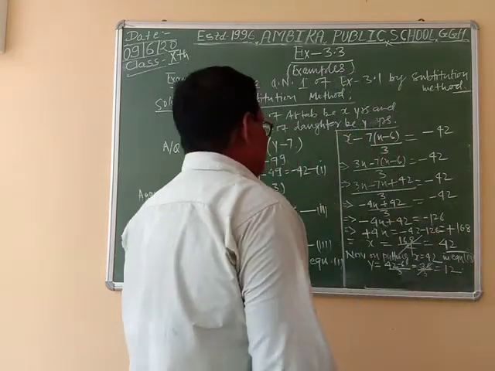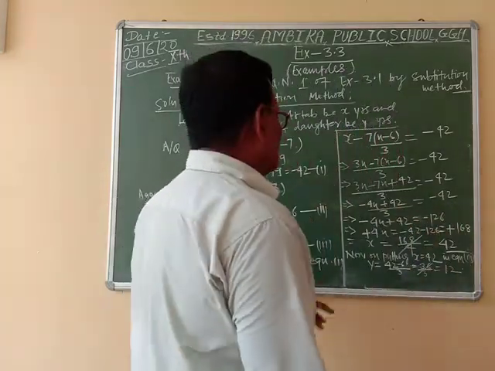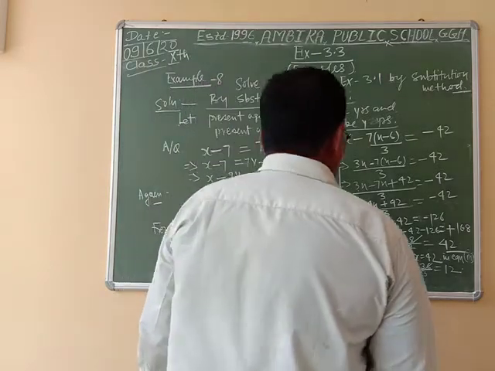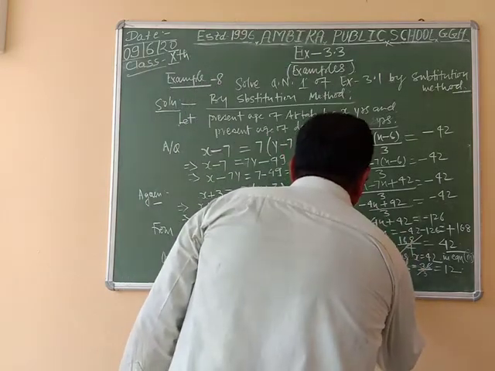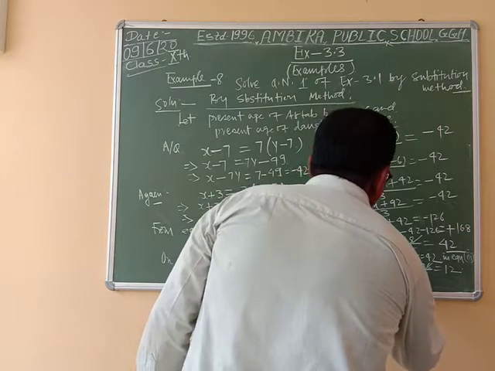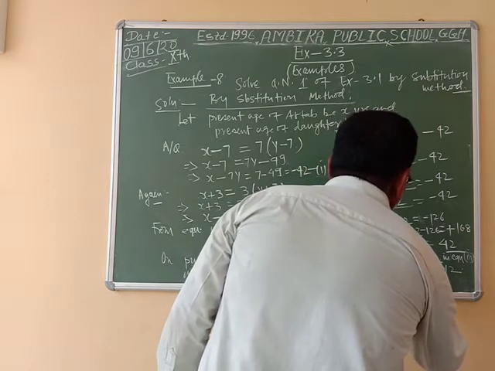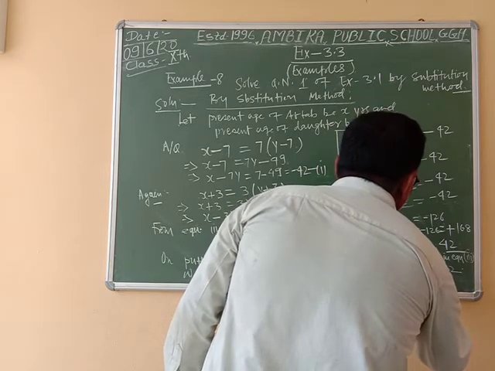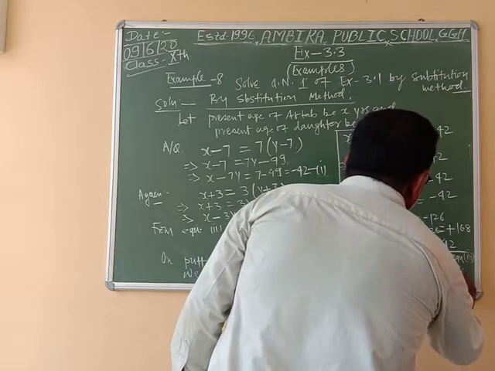Hence the present age of Aftab is equal to 42 years, and the daughter is equal to 12 years old.